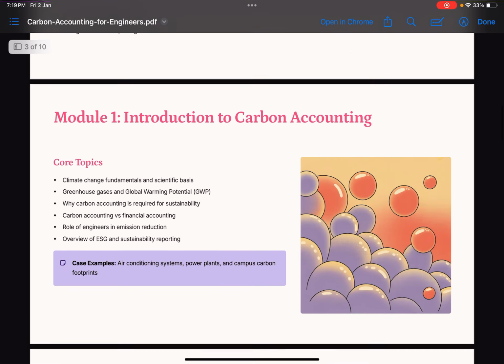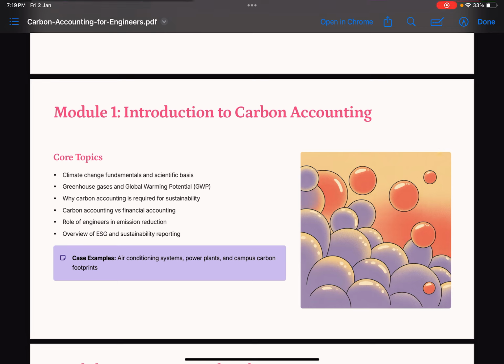Module 1 is the introduction to carbon accounting, wherein we would learn about the fundamentals, especially what you understand by greenhouse gases and their relation to global warming. We would also discuss in brief why carbon accounting is required for sustainability and how carbon accounting is different from financial accounting.